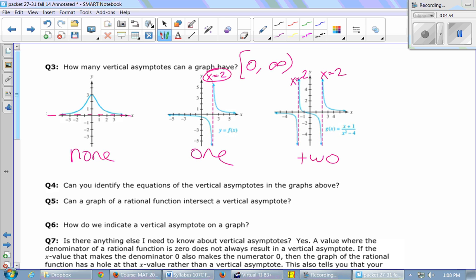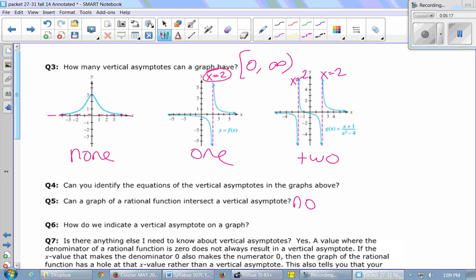And the reason it can't ever touch is because you can't plug that value into the equation, right? That's how we found the vertical asymptotes. They're places where the function's undefined, where the denominator is 0. So this is a no. You can never cross a vertical asymptote.